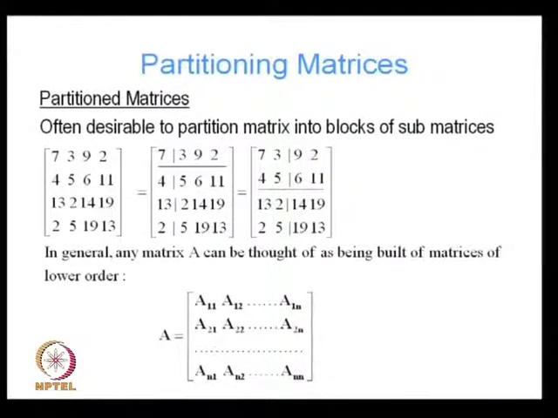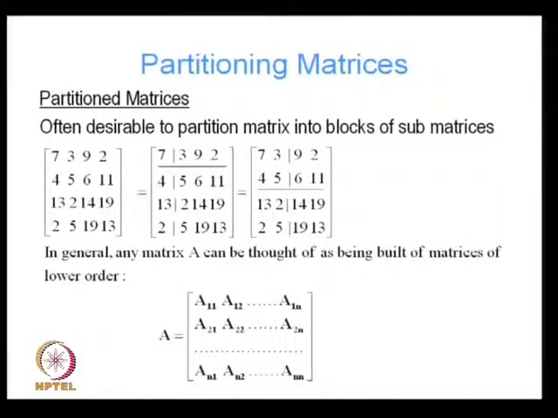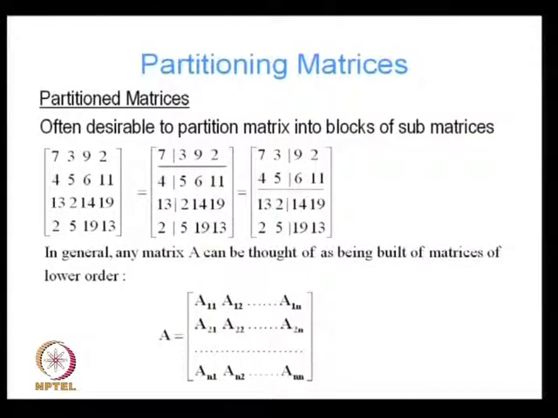For instance, if A is a partitioned matrix comprising A11, A12 through A1n, A21, A22 through A2n, AN1, AN2 through ANn. These A11, A12, A1n are all actually matrices, but they are partitions of the bigger matrix A. So, A11, A12 are all matrices of size smaller than the full matrix A.